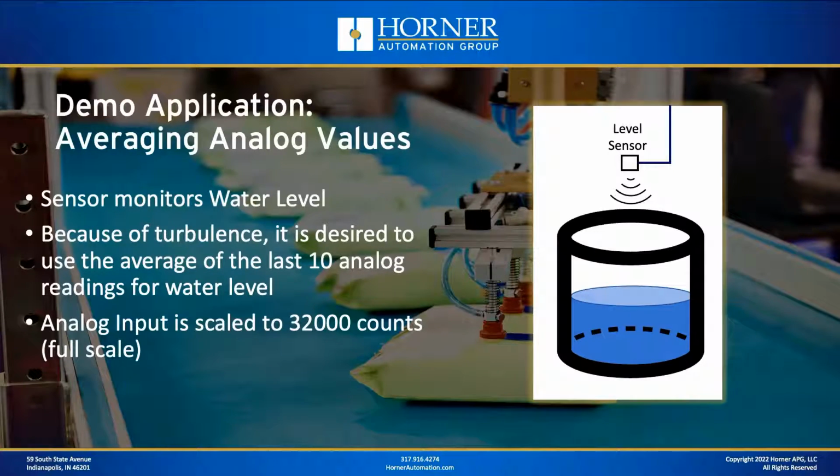So let's say we have a sensor that's monitoring the water level in a tank, and because of turbulence or waves or whatever the case may be, we have determined that if we take the average of the last 10 analog readings, we're going to get a result we're happy with in order to do our monitoring and control.